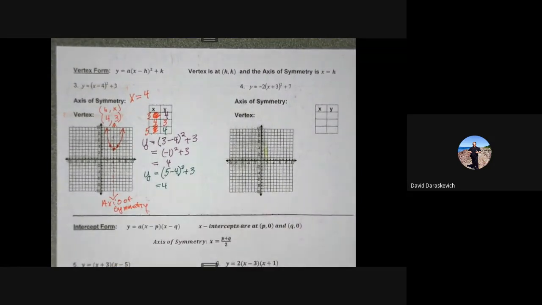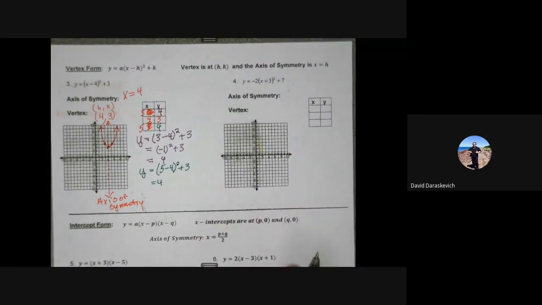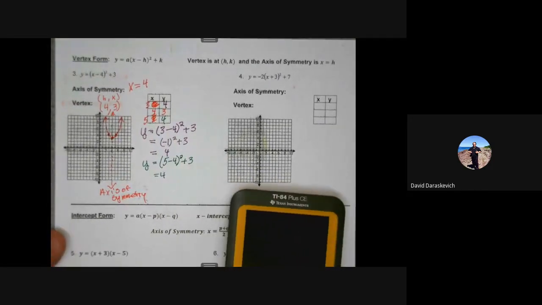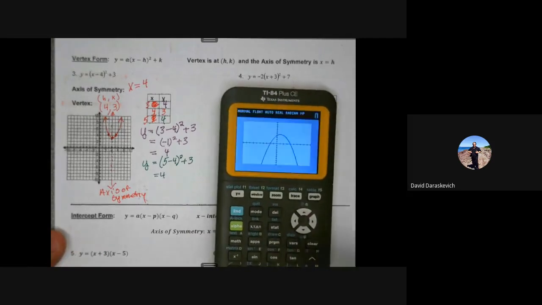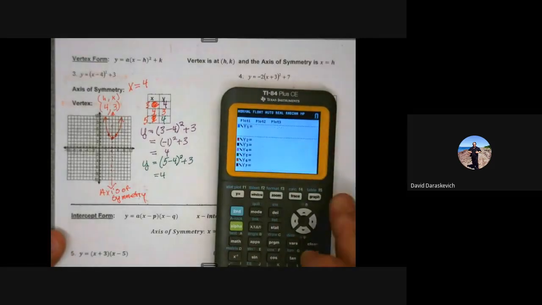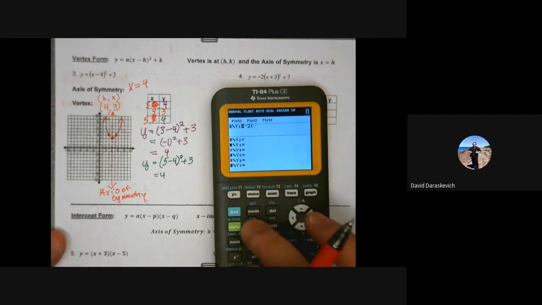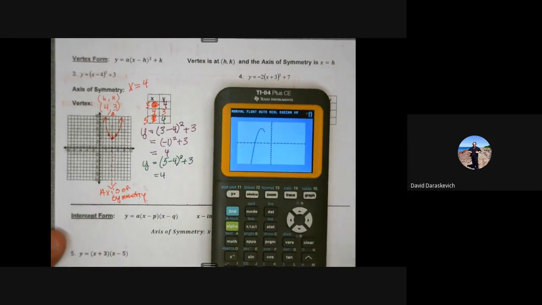Okay. And then let's do a calculator version. So here's my equation. y equals -2 times (x plus 3) squared plus 7. Graph it. Hopefully it's on our graph.